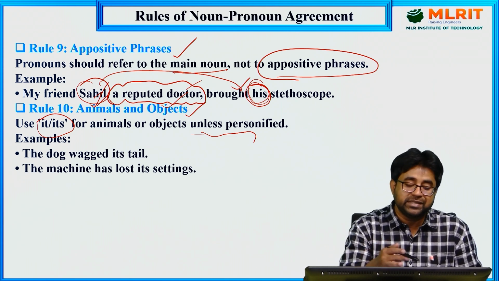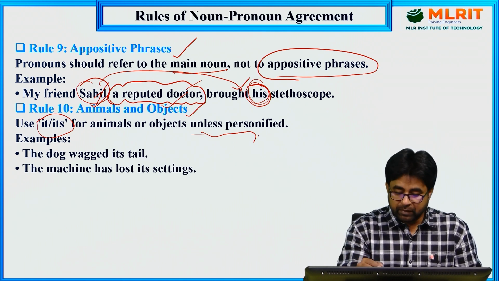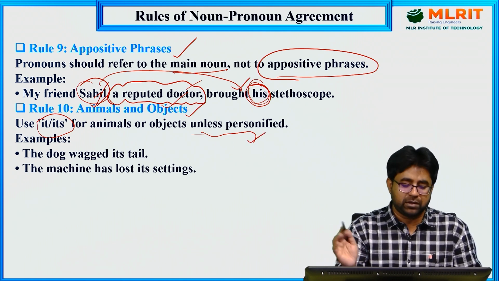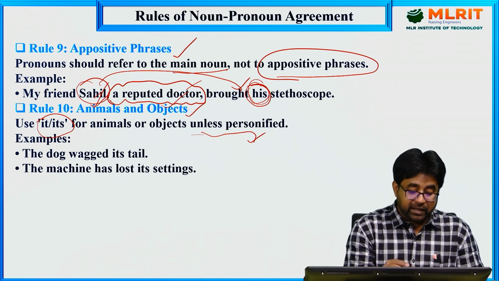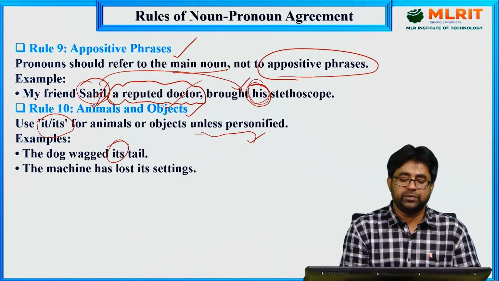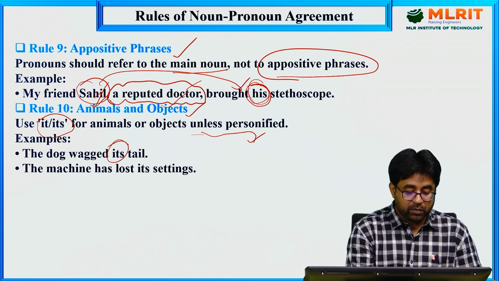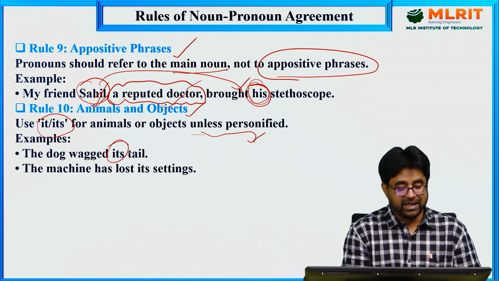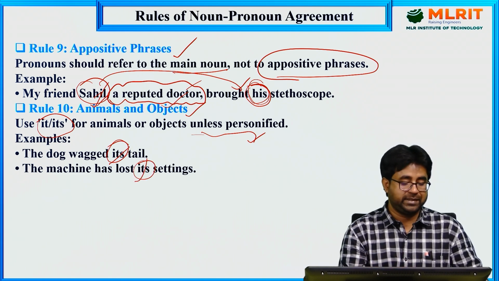We cannot use it or its, right? Because they are personified, we have to use his or her accordingly. But if they are not personified, then we have to use it or its. The dog wagged its tail. The machine has lost its settings. So I hope it's clear.